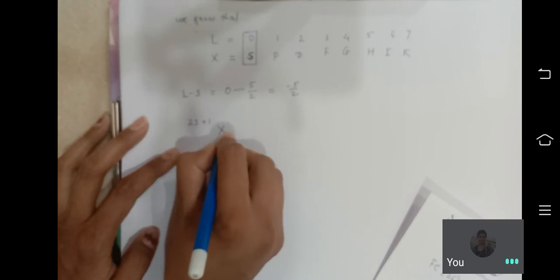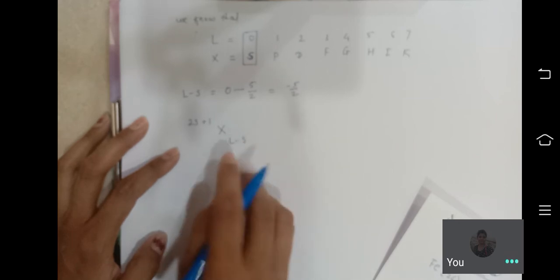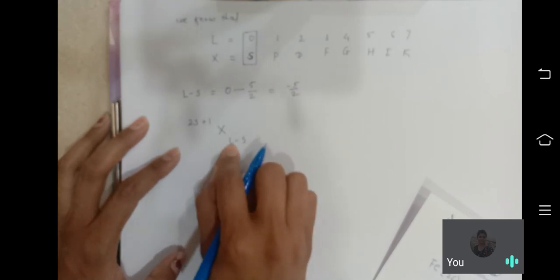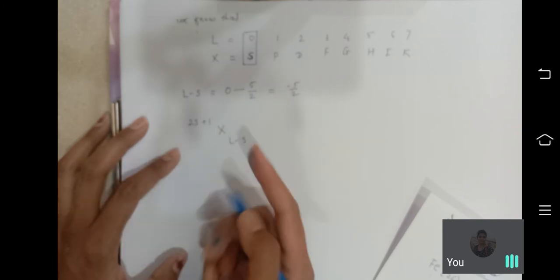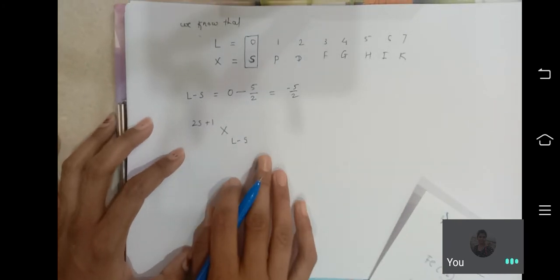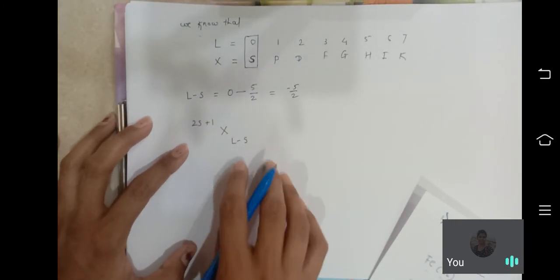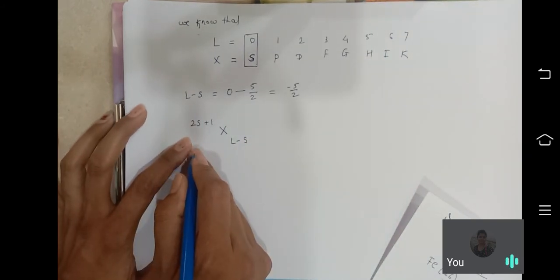So what is the formula? 2S plus 1 X L minus S. When it is less than half filled, you have to take L minus S, but when it is more than half filled, at that time you have to take L plus S. Here it is less than half filled, so you take L minus S. What is the value of 2S plus 1?